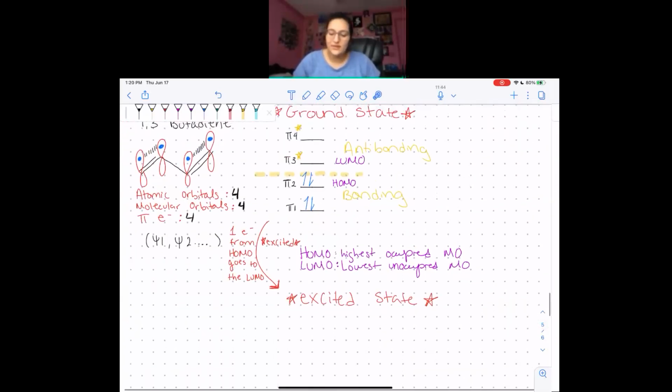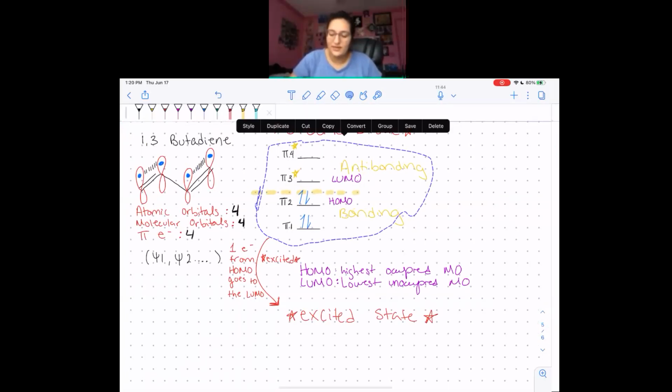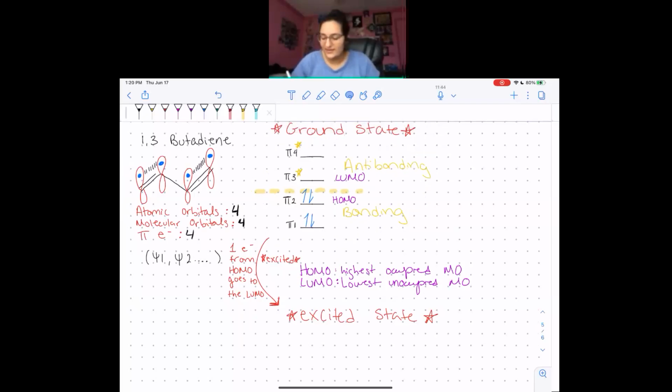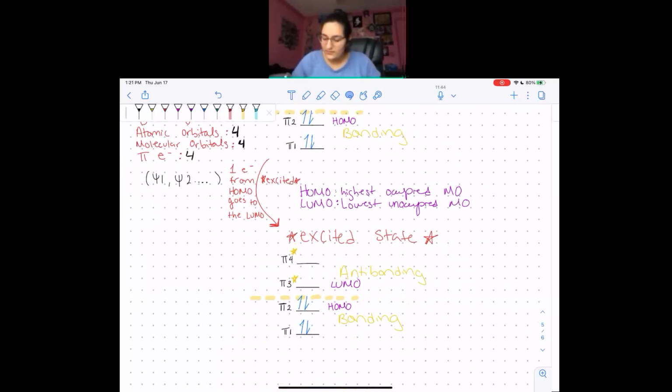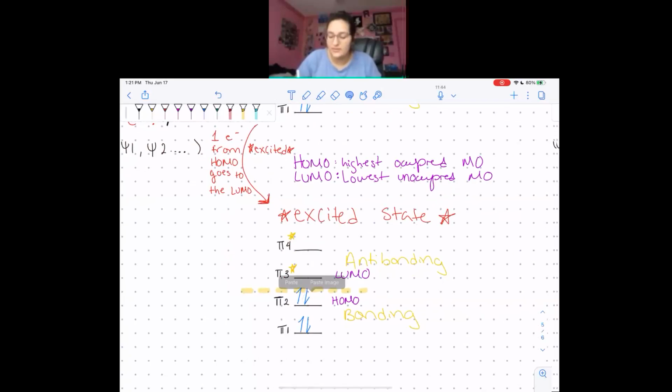So I'm basically going to copy and paste this diagram because mostly everything is going to stay exactly the same. All right, so all we're going to do is move one electron from the HOMO to the LUMO. Okay.